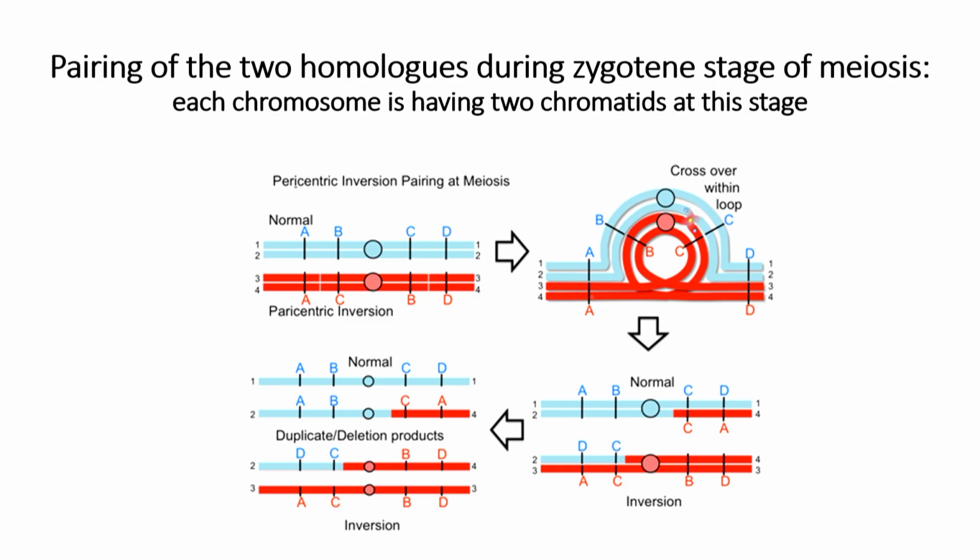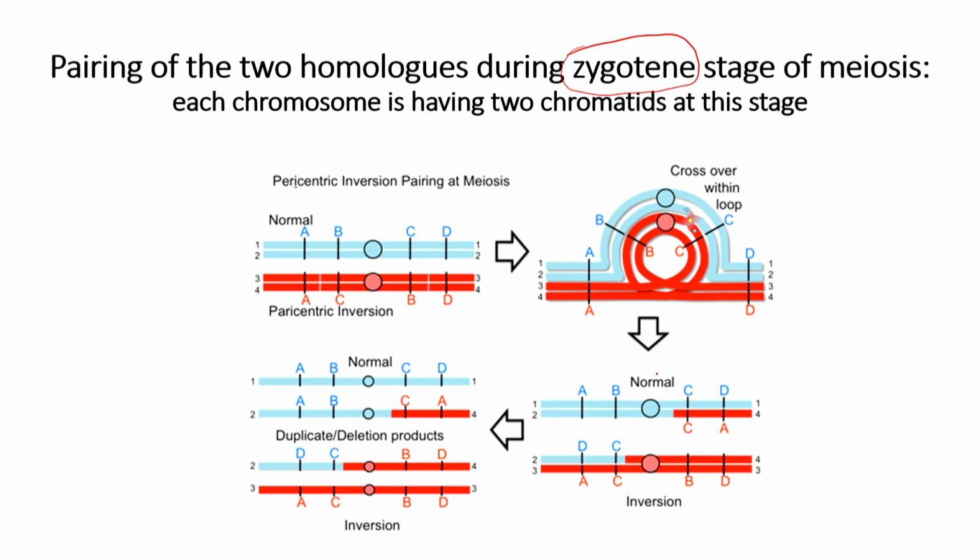The pairing takes place during zygotene, and I said that during zygotene each chromosome has two chromatids. So this has two chromatids, and this also has two chromatids. When they pair, altogether there are four chromatids.